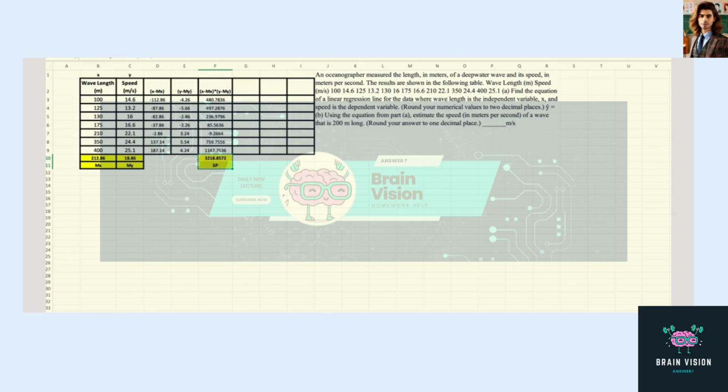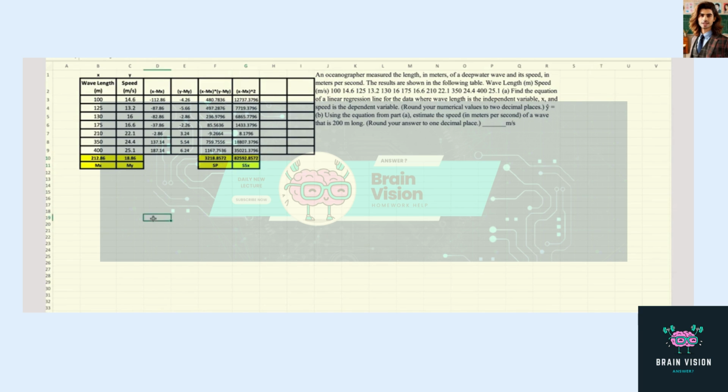Then I'm going to take each number in this column and square it, and the next number, square it, and I'm going to total that up. This is known as the sum of the squares of x, and I'm going to end up using this in here. I'm just going to bold it and box it off.